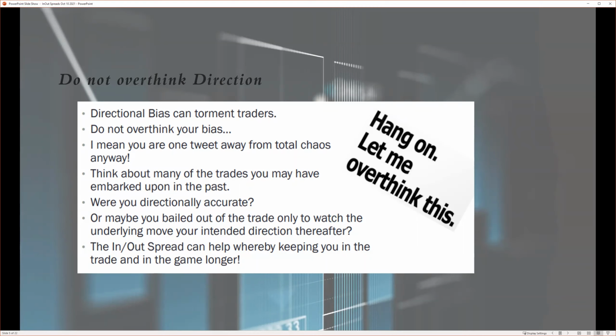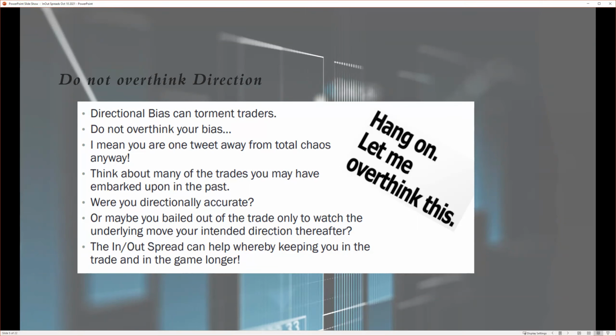Just think of how many trades you have done in the past, being 80% sure of the bias, and something came up, or nothing happens, right? So how many times have you been directionally accurate? I'm pretty sure it's not 80, 90%.